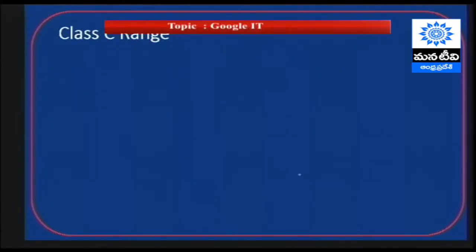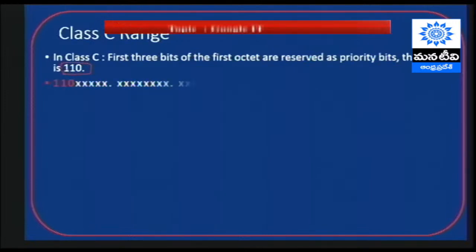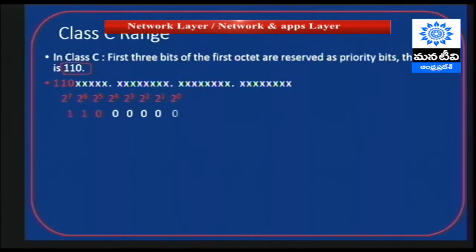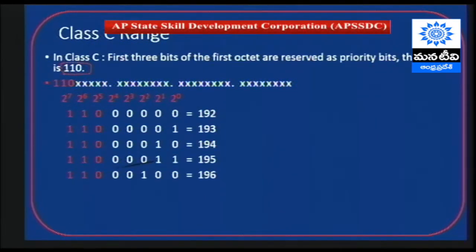So we have got the class B range using the same logic, same formula. We have class C, and for this class C, the priority bit values are 3 bits and they are 1 1 and 0. Hence the priority bit, when we substitute in this, we get the values from 192 and then goes on till 223.